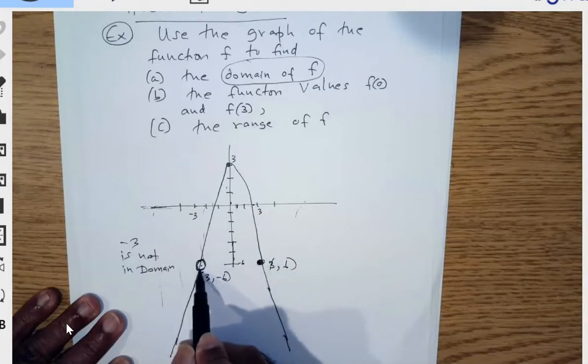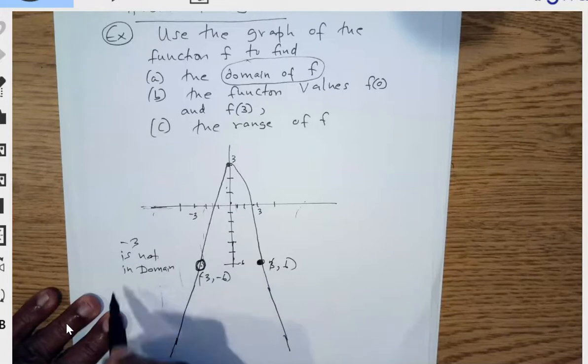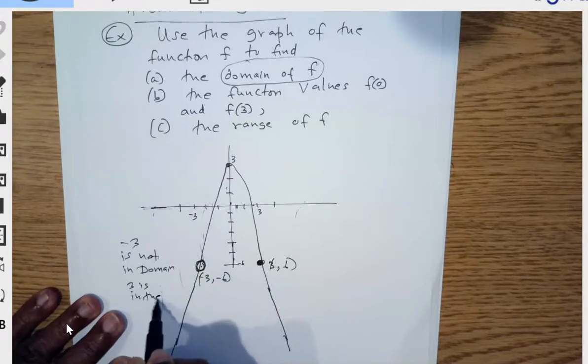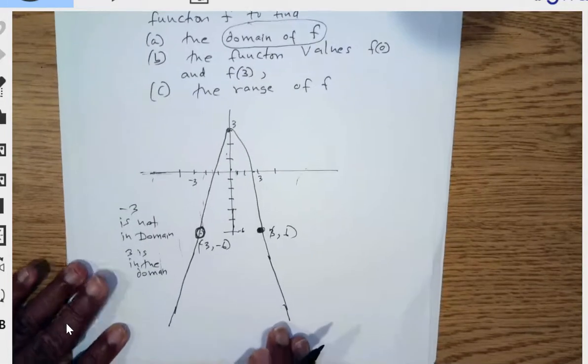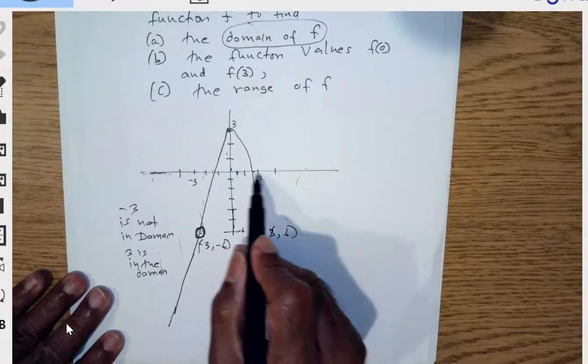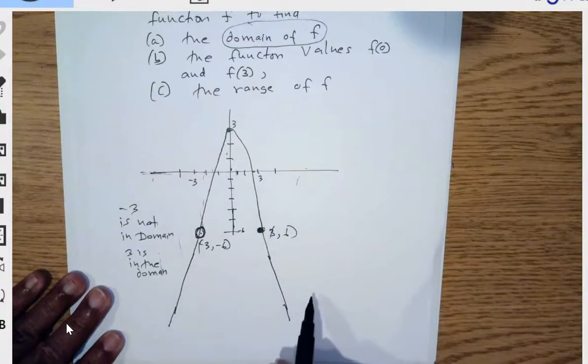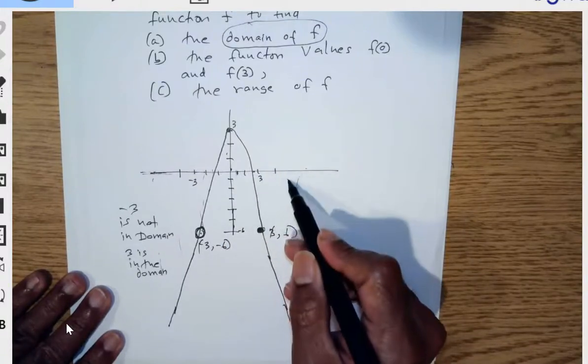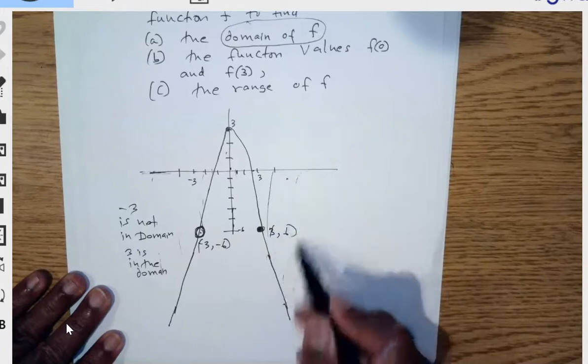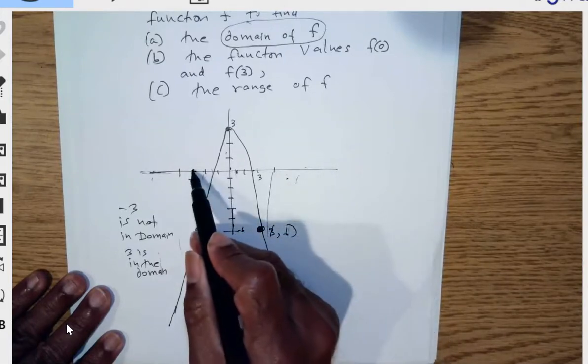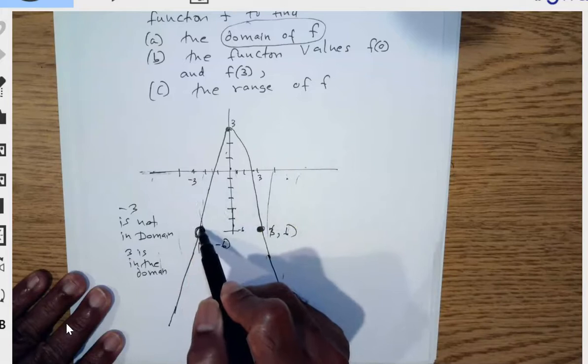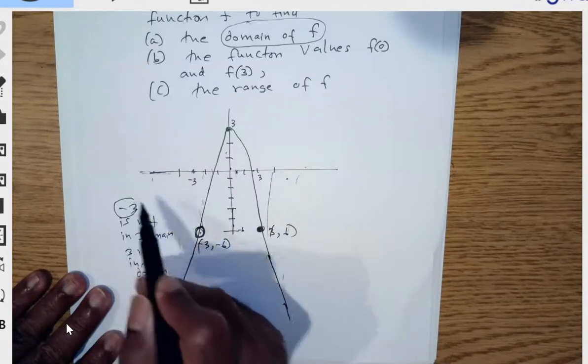Here the oval is empty, here the oval is shaded. So 3 is in the domain. This goes on, and no matter how far you keep going to the right, every x is mapped. The only time we see an x value not being mapped is at -3.